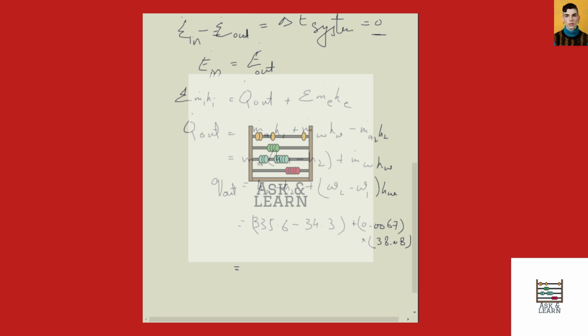When we resolve the equation, we will get 1.47 Btu per pound mass of dry air.